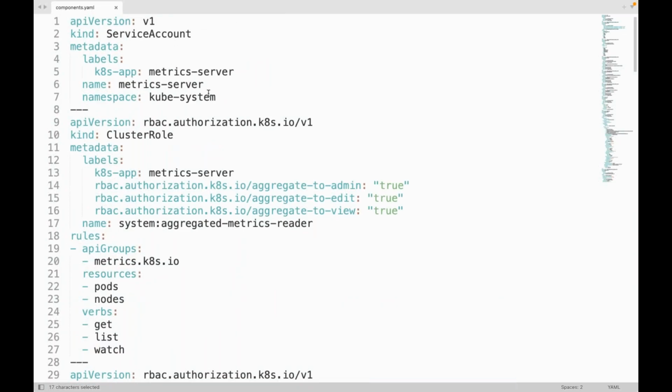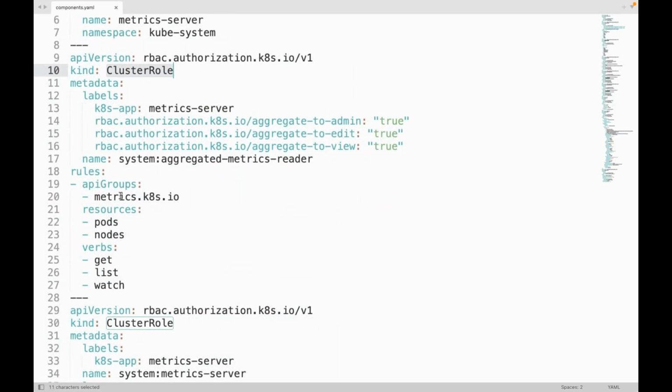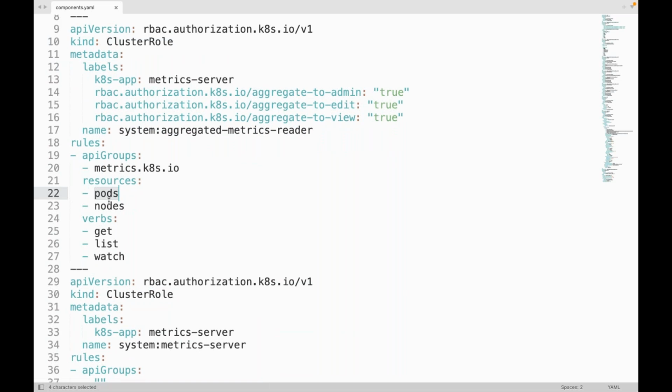Now, if you see, there is a service account which is getting created, and we are creating some role. We are giving permissions to pods and nodes. It is like in AWS, where we give permissions using IAM, right? In AWS, how do you manage access to AWS resources like EC2, EBS, ELB, VPC?